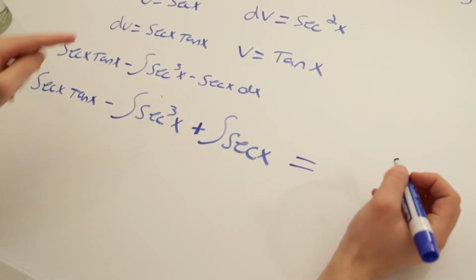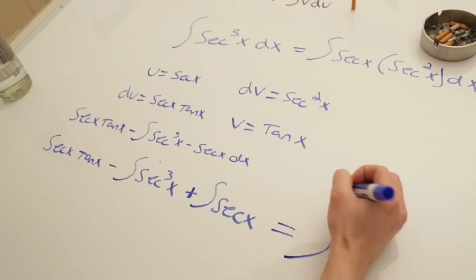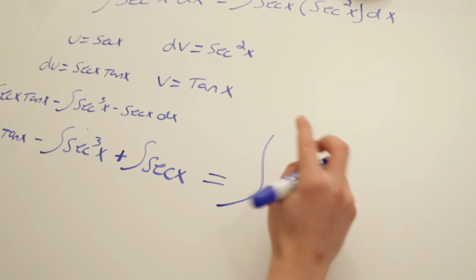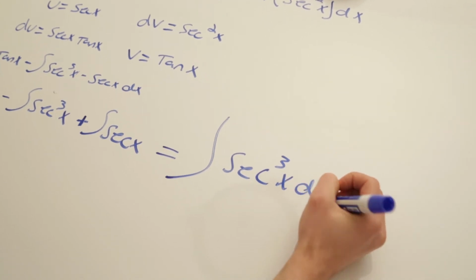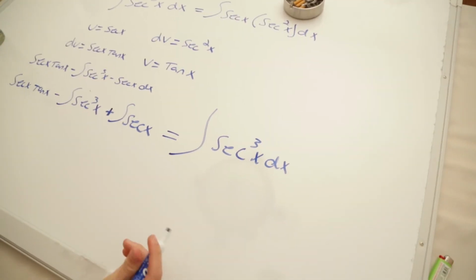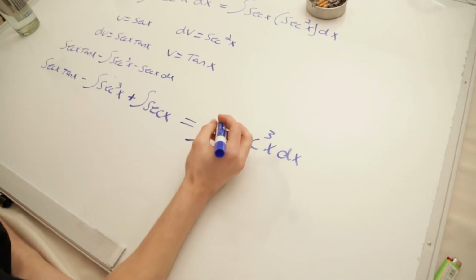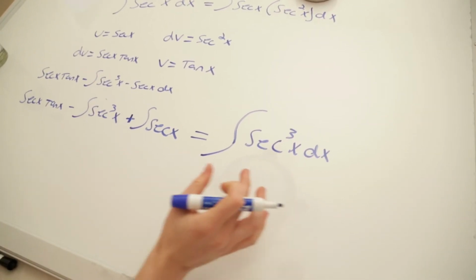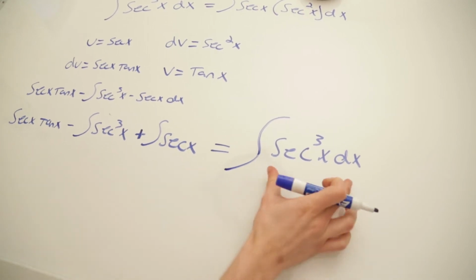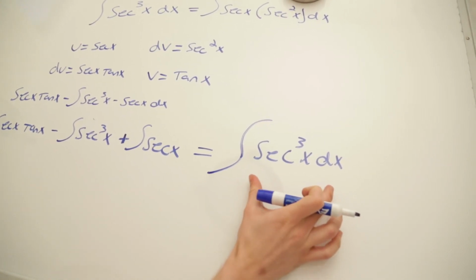It's really simple. It's just people don't think of this. If we say all of this is equal to the integral of secant cubed x dx, because really, that's what we're doing. We're just trying to find the integral of this. So what we're going to do is just basic algebra.